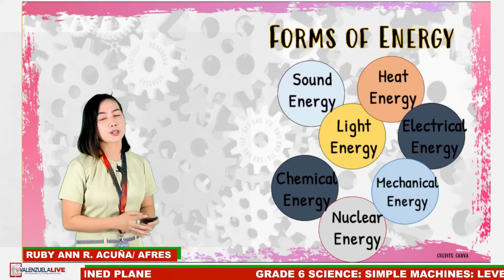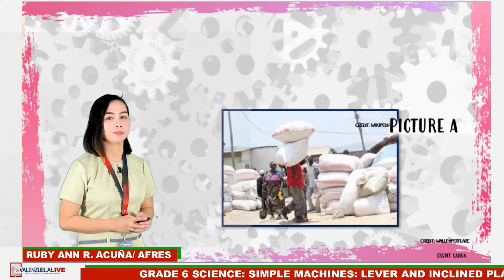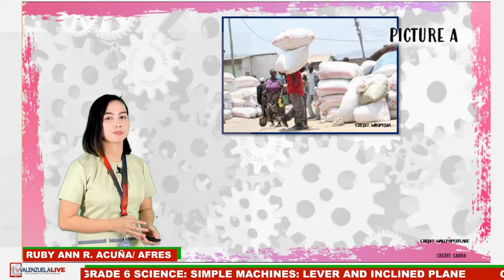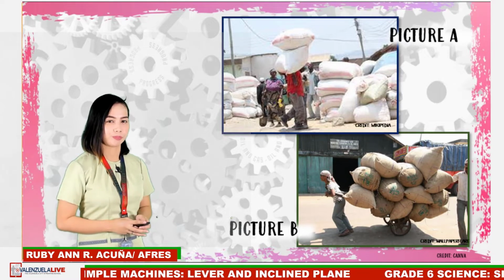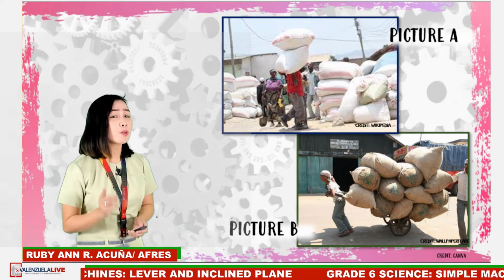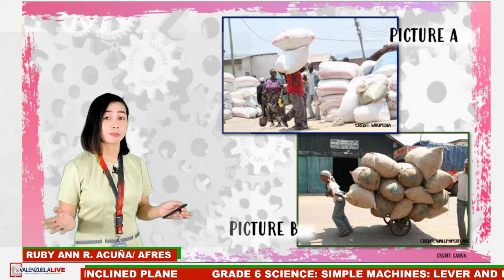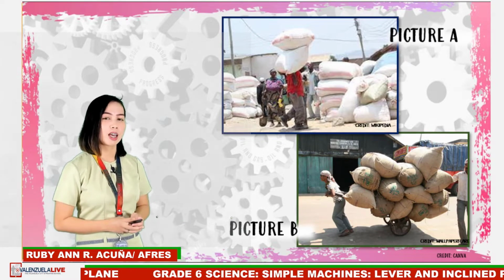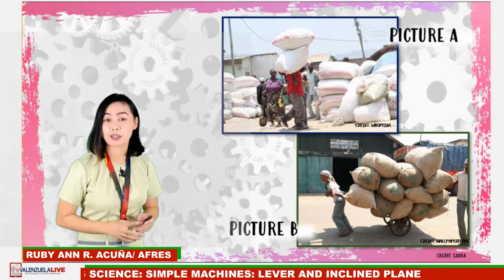So to start our discussion, let us study the pictures. So what are they doing? Who do you think will finish the work faster? And why? The two men in the picture are doing the same activity.